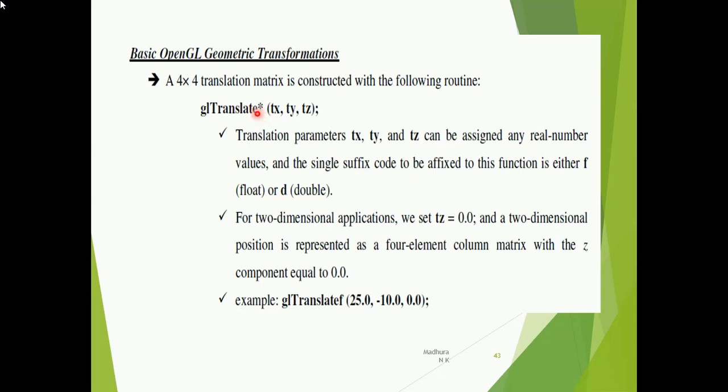If you are setting tz equal to 0, then you are not having any z component, only 2D applications. If you are translating any 2D object, then you set tz as 0 and only give values for tx and ty. That is, tx is the translation factor along the x-axis, and ty along the y-axis. If you are working on 3D applications or 3D objects, then you have to set tz to some value.